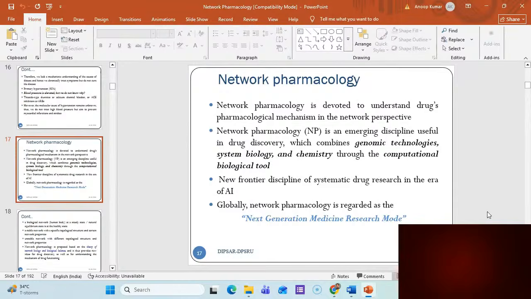You can identify a molecule for drug repurposing. Are you getting my point? You can also identify the possible adverse effects of the drugs. So one area where you can apply the network pharmacological technique is drug repurposing.